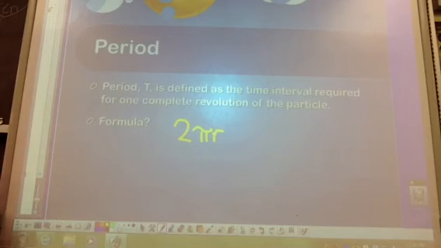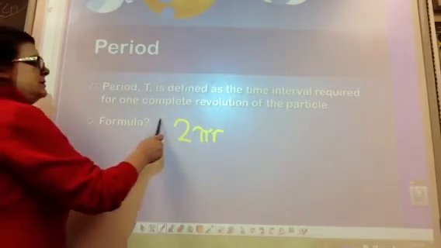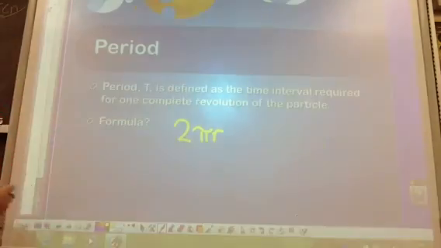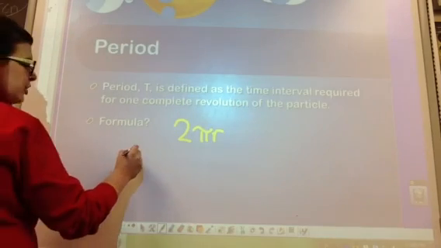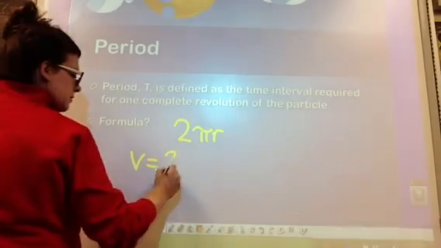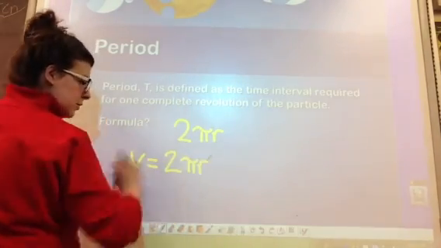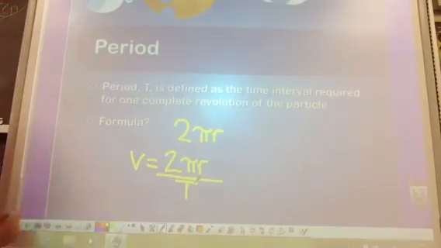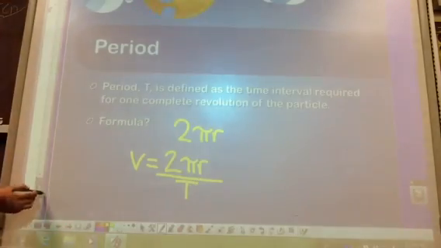And we know that it's going to move at a particular speed. So I know that I have some speed and it's going to be moving 2 pi r in a specific amount of time. So if I wanted to find velocity, then velocity would be the circumference that particle is moving, so the circumference of the circle over a certain period of time, or period.